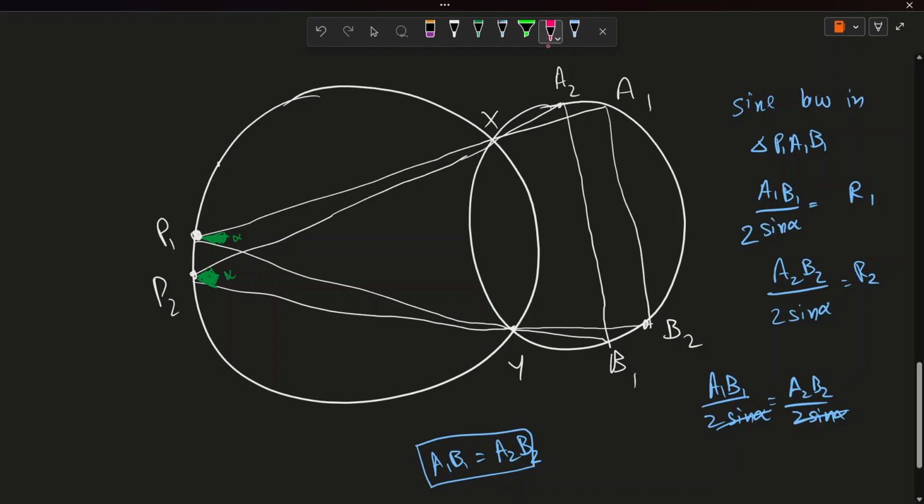So let's do some more angle chasing. Another thing to notice is that this small red angle, which is angle P1 X P2, equals this small angle, which is equal to P1 Y P2 by the same argument.